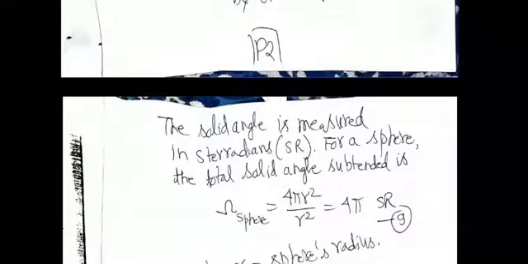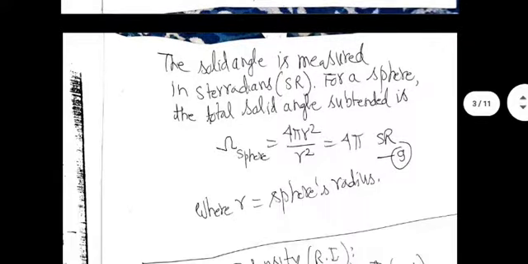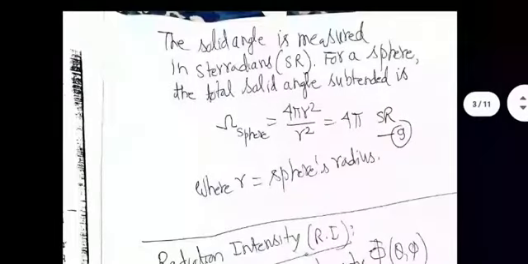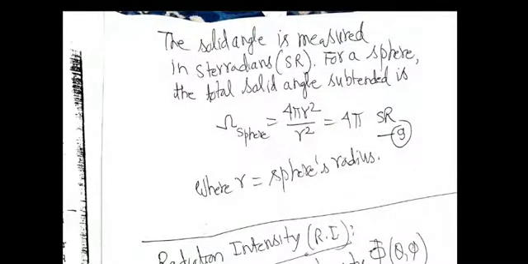So a sphere subtends a solid angle of 4 pi at the origin, assuming the origin is at the center of the sphere. For other solid objects also, it is possible to calculate the total solid angle subtended.